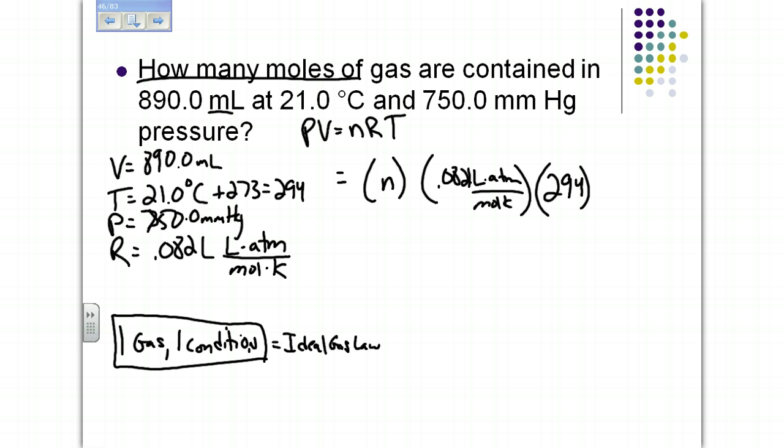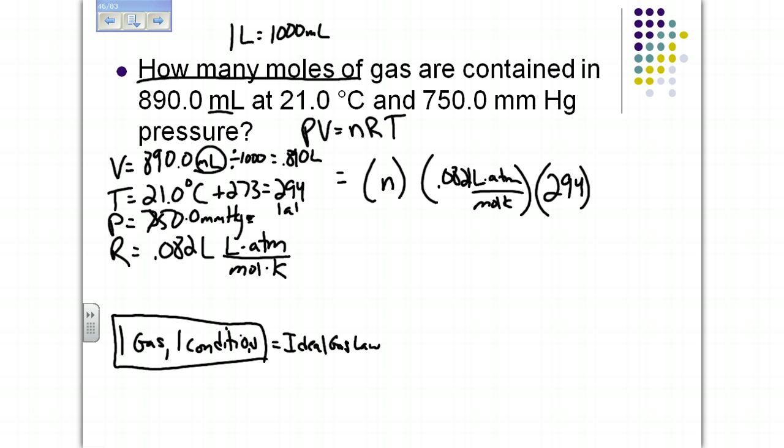We have a measurement in milliliters, and we have to convert milliliters to liters. So we're going to divide by 1,000, since there's 1 liter in 1,000 milliliters. So we have 0.890 liters. And our pressure is 750 millimeters of mercury, and we have to convert that to atm.